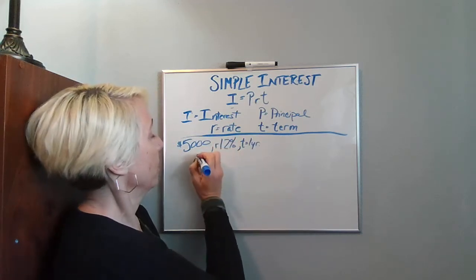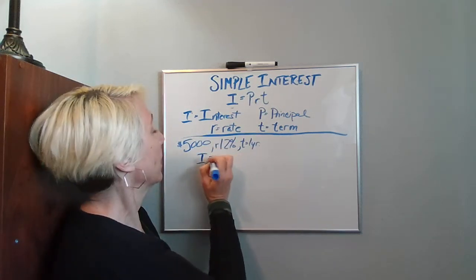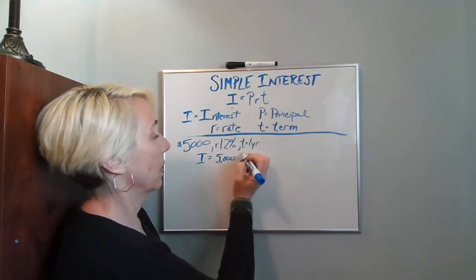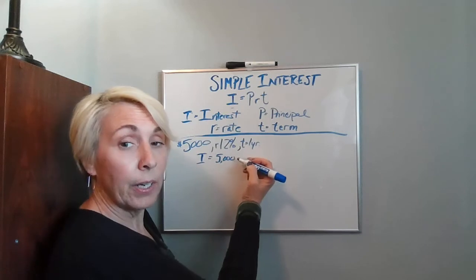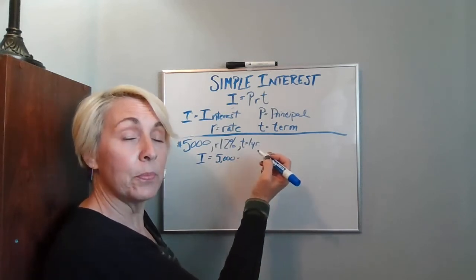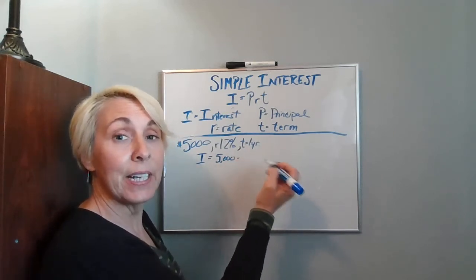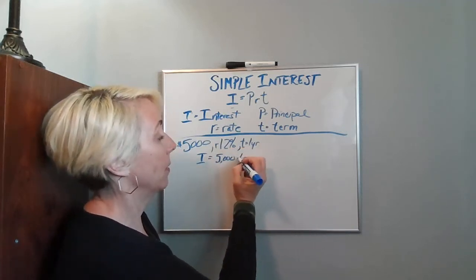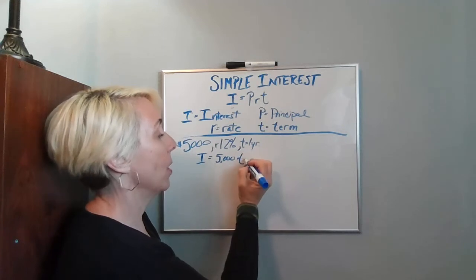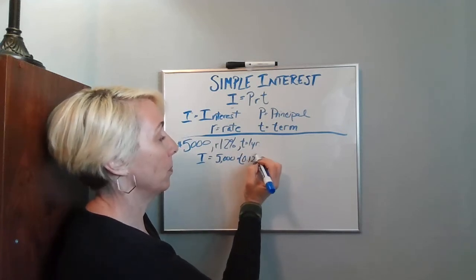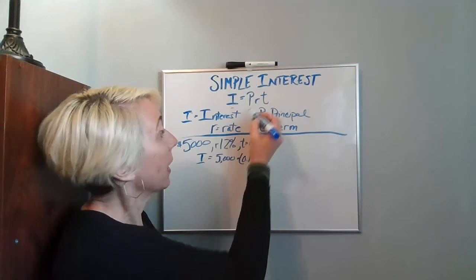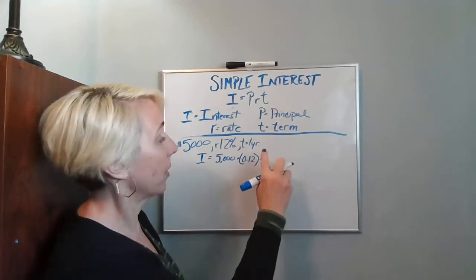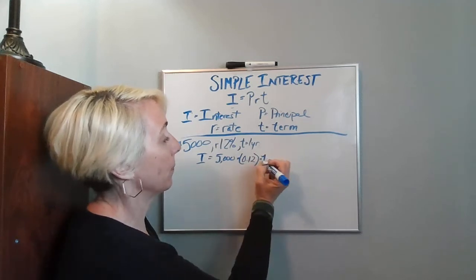So our interest, we don't know yet, equals our P, which is 5,000, times our rate. And rate in the formula, you will put it in as a decimal form. So 12% will be 0.12. And we add our T in here, multiplication by T, our term, 1 year.